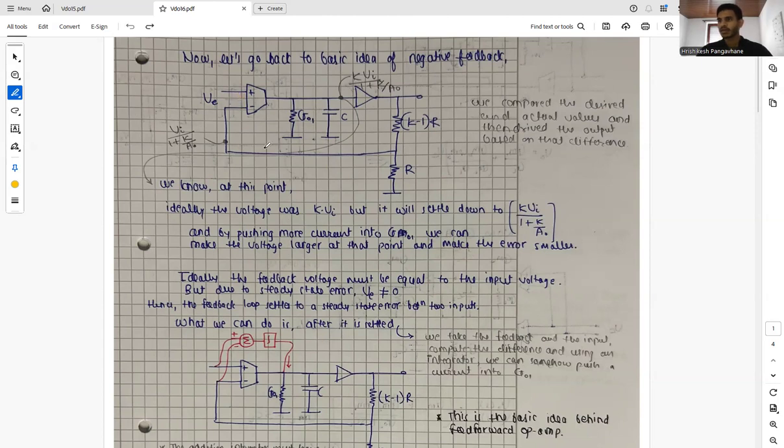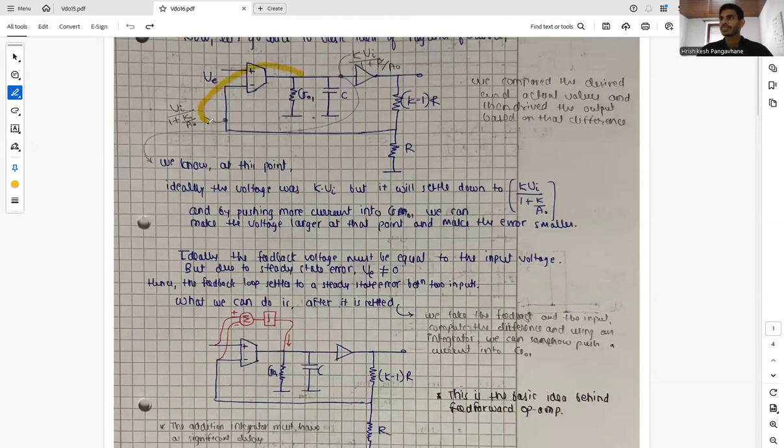And what we can do is, after the loop is settled to a steady state, we can take these two, the feedback and the input, take the difference, and integrate. Whatever current is produced, we can push forcefully through G1, which will result in an increase in the voltage at this point.